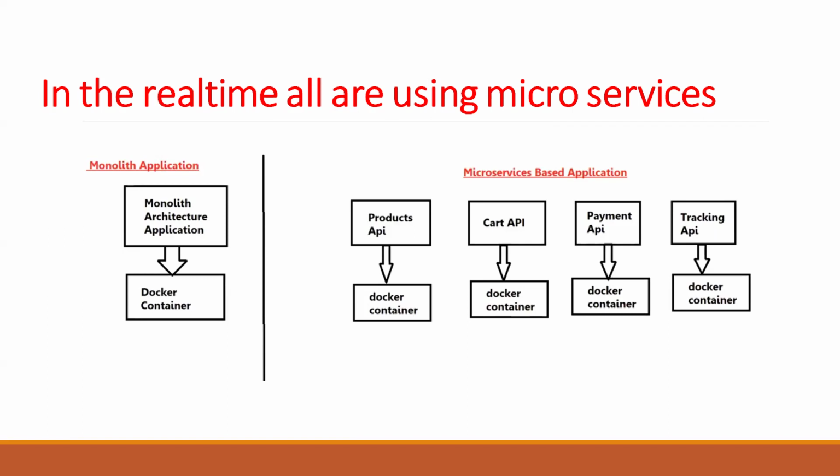Cart is another API, another microservice. Products API is one microservice, Cart API is another microservice, Payment API is another microservice, Tracking API is another microservice. Each is a Docker container. This is a microservices based application. And this is nothing but a monolithic application.